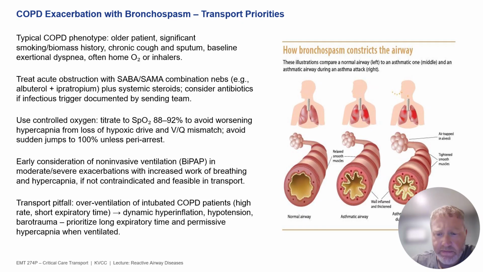You give that by itself, and the improvement is 20%. Well, Duoneb, if that were the example, the efficacy or the improvement would be greater than the sum of each of them individually. So, say instead of 40%, it's 60% improvement. Either way, administering them together as Duoneb or Combivent in an inhaler form is superior to giving just one or the other.